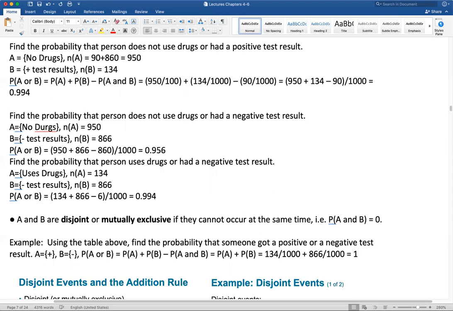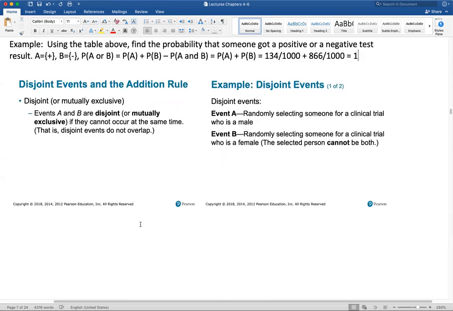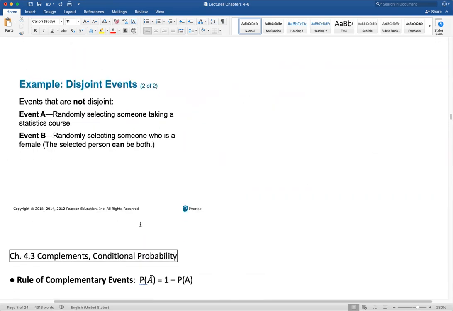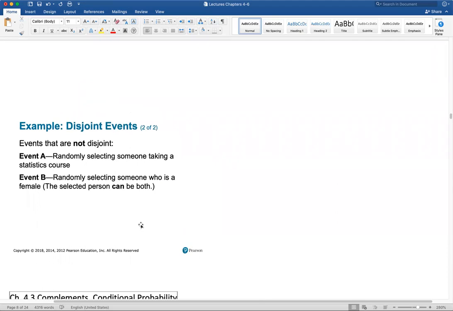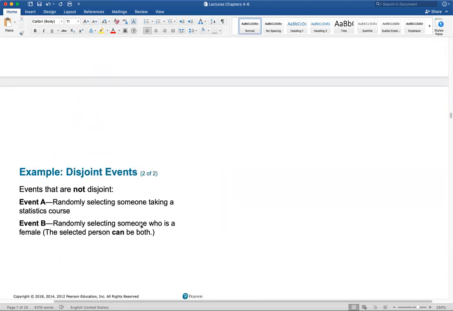Because people must have either a positive test result or a negative test result, so only two outcomes we expect. So the probability A or B must be 1. So keep in mind disjoint, mutually exclusive, and the addition rule.